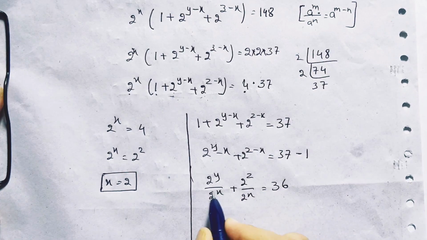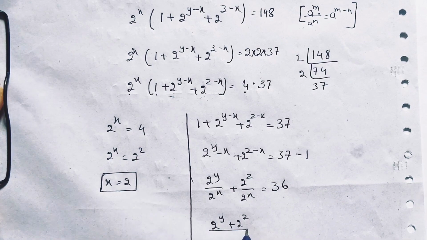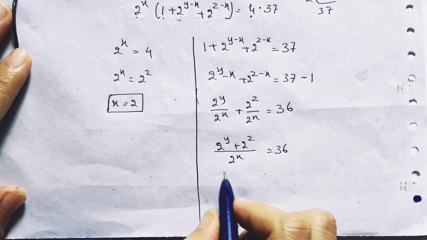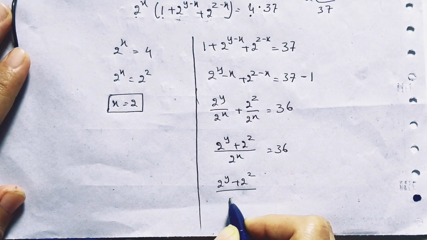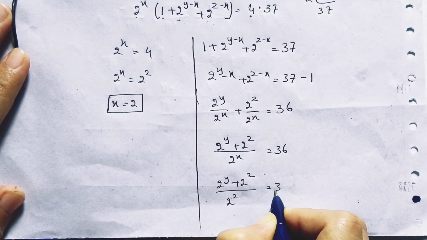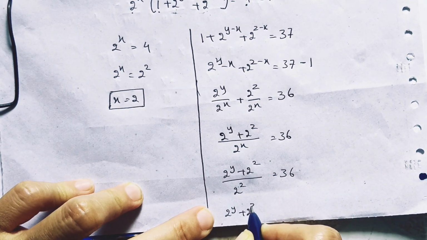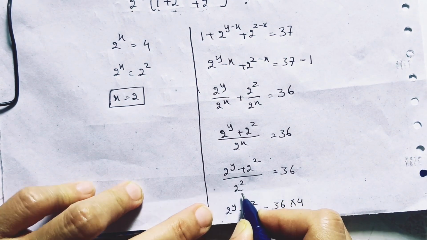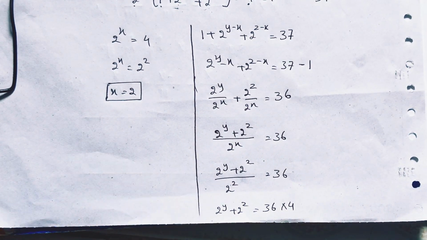So (2^y + 2^z)/2^x equals 36. In place of x we can write 2, so (2^y + 2^z)/2^2 equals 36. Therefore 2^y + 2^z equals 36 multiplied by 4. This 2^2 means 4, and when it comes to this side, it takes the multiplication.